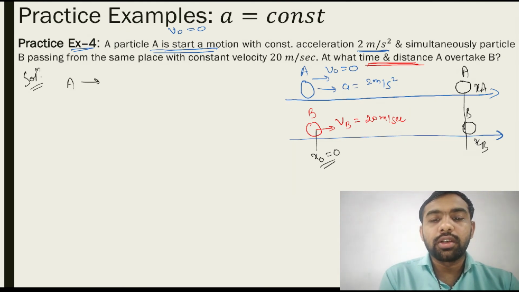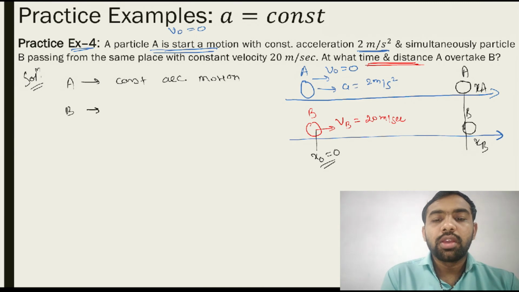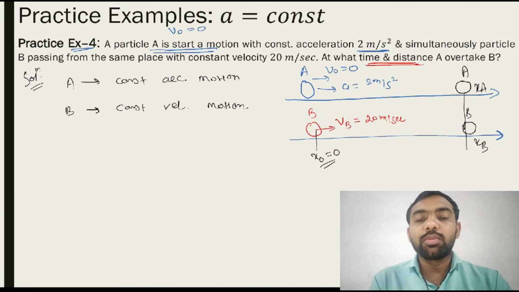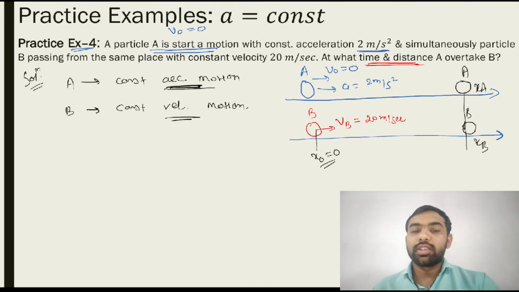Here motion of A is a constant accelerating motion, and for B constant velocity motion. The equations of these two x are different, because both these motions are different. Constant accelerating motion and constant velocity motion.